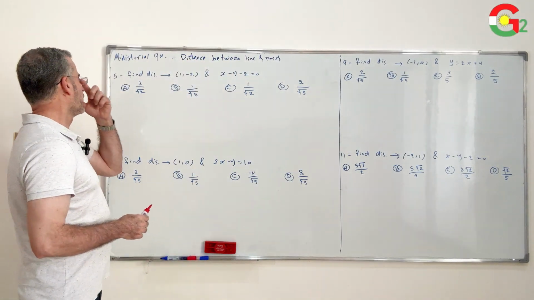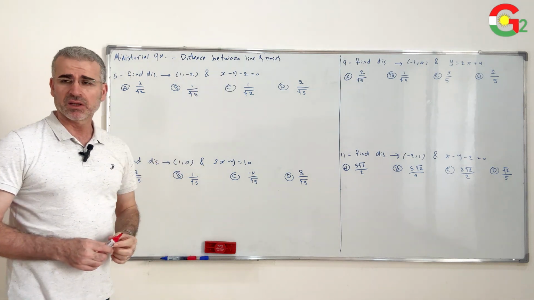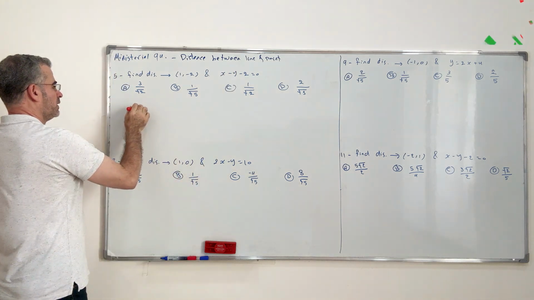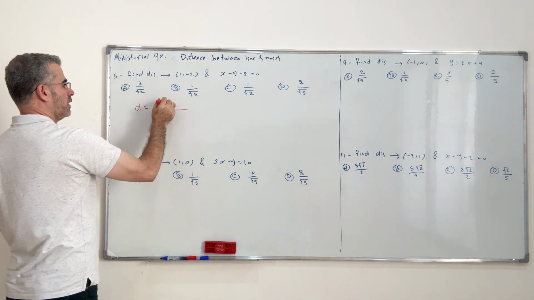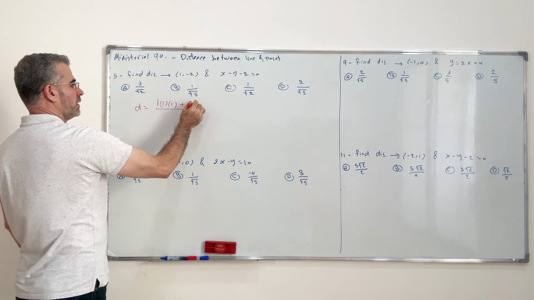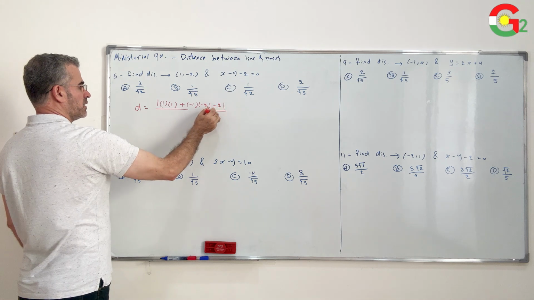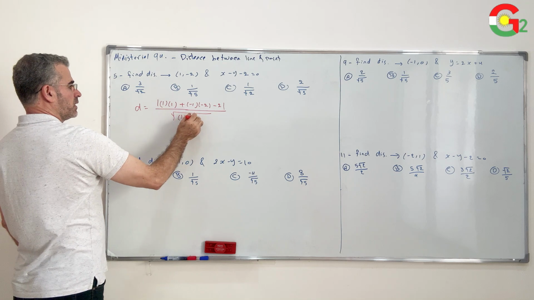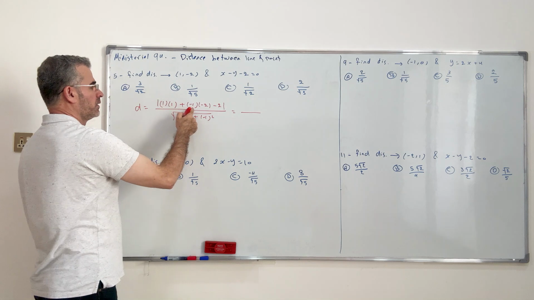Question number 5: find the distance between the point (1, negative 2) and the line x minus y minus 2 equals 0. Since the equation is in general form, I directly find the distance. Absolute value of a, 1 times x1, 1, plus b, negative 1 times y1, negative 2, plus c, negative 2, over the square root of a squared, 1 squared, plus b squared, negative 1 squared.